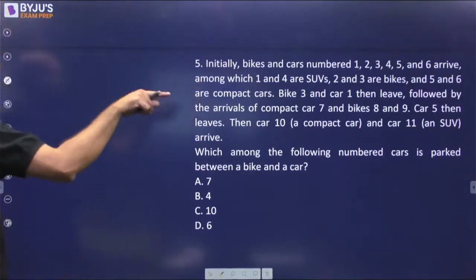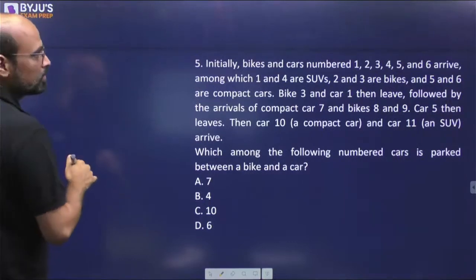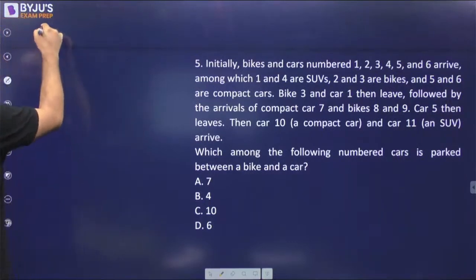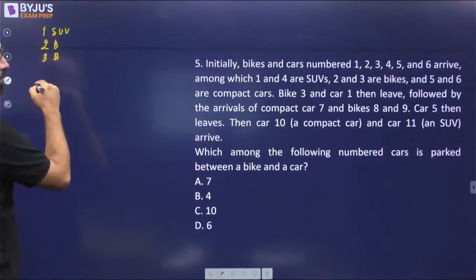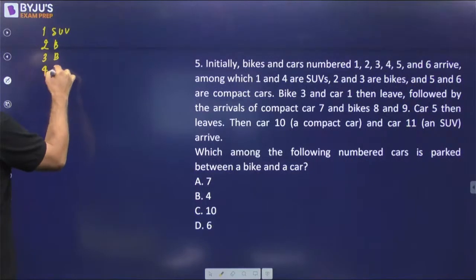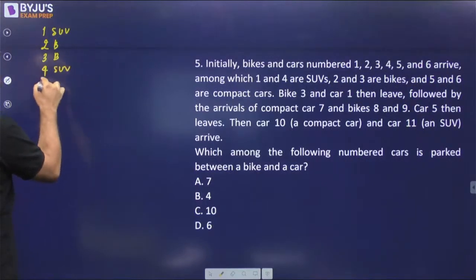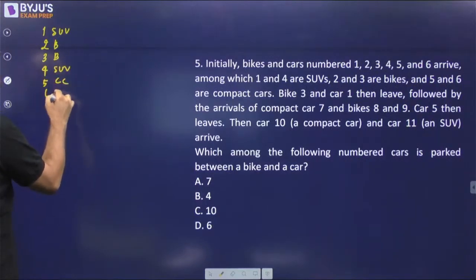So, first of all, the entry, right? 1 is an SUV, 2 is a bike, 3 is a bike, 4 is an SUV, 5 and 6 are compact cars.